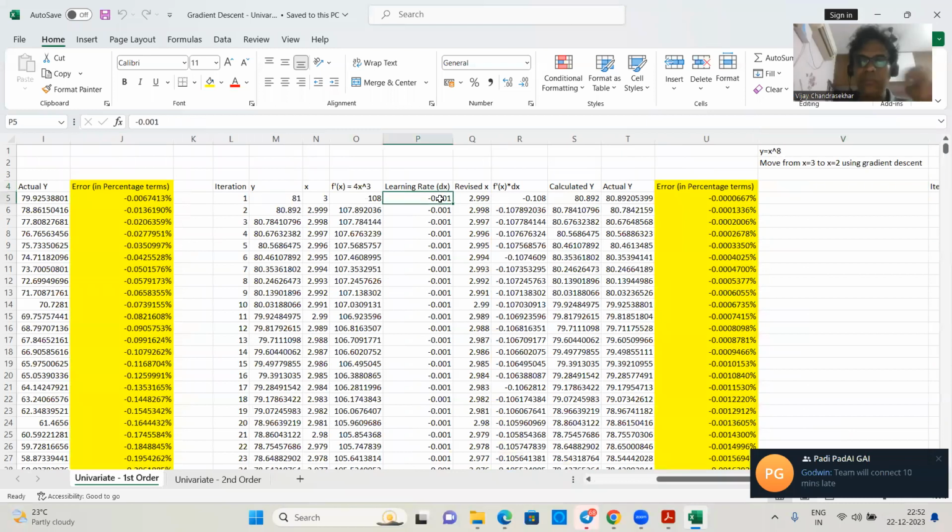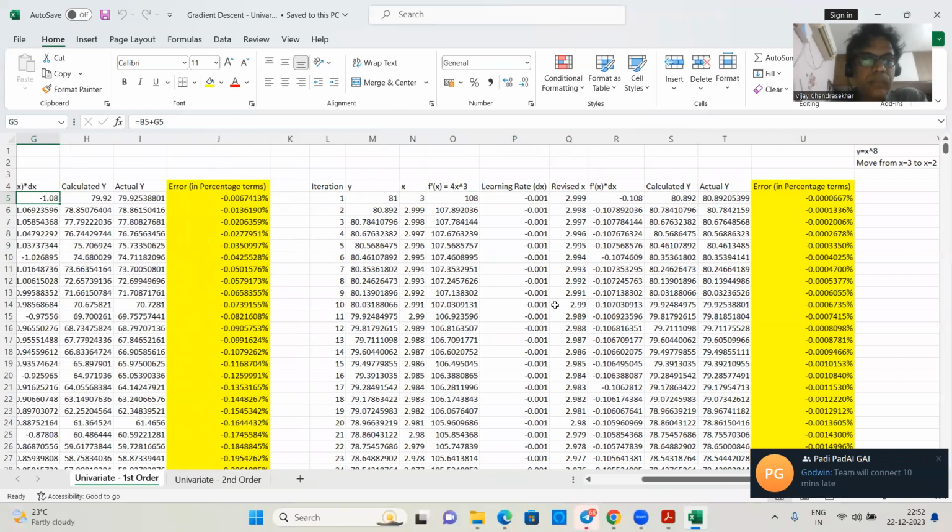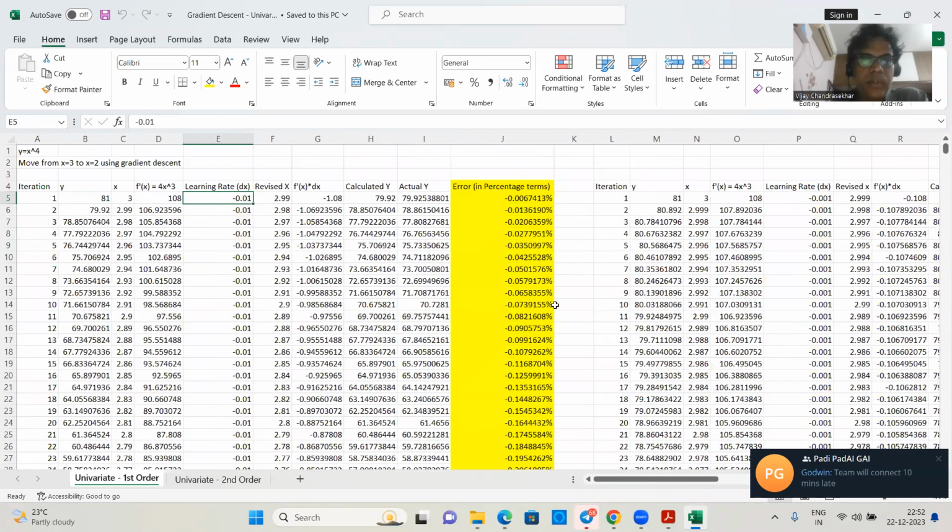So instead of keeping the learning rate as negative 0.01, I decrease the learning rate, or rather, when I say decrease, I mean the magnitude is decreased, okay? But sign wise, it's an increase. So don't get confused about that. But I'm decreasing the magnitude so that I move only a little backwards. I say backward because the learning rate is negative, okay?